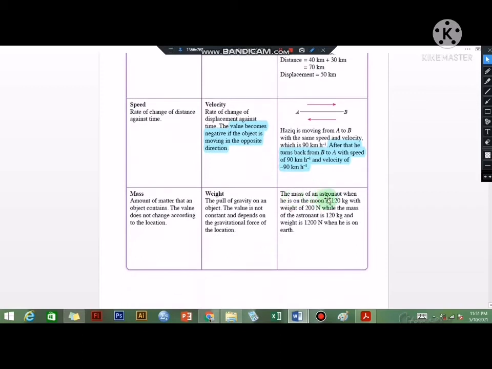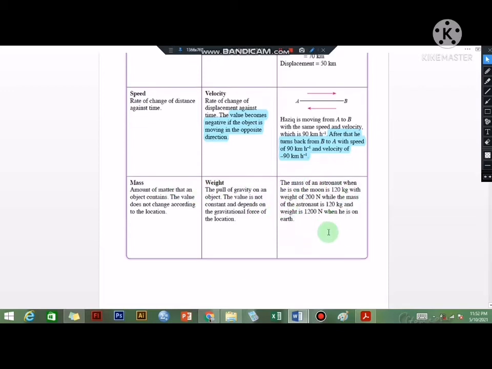The mass of an astronaut when he is on the moon is 120 kilogram with weight of 200 Newton, while the mass of the astronaut is 120 kilogram and the weight is 1200 Newton when he is on the earth. So this is the example of weight and mass.